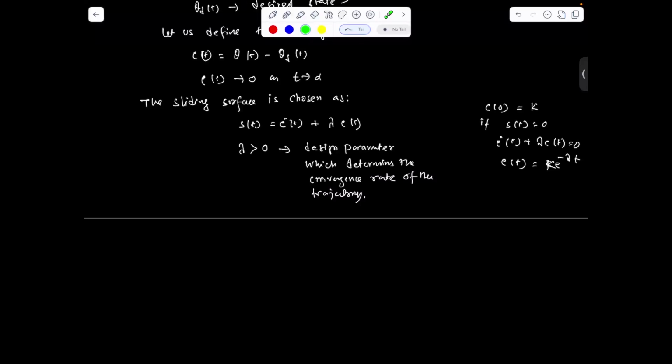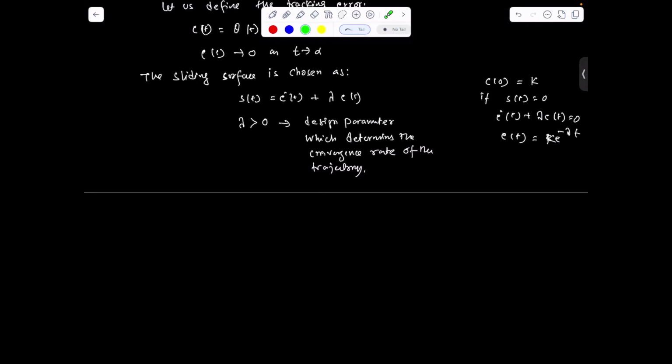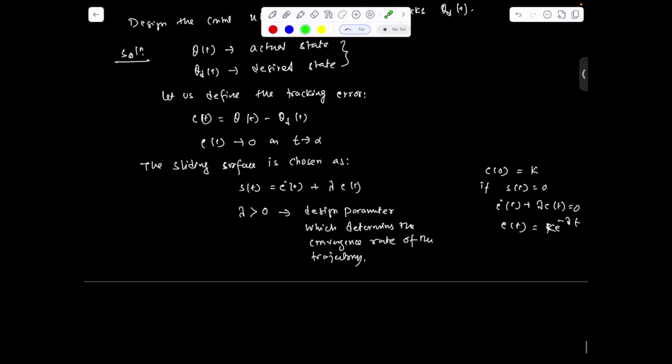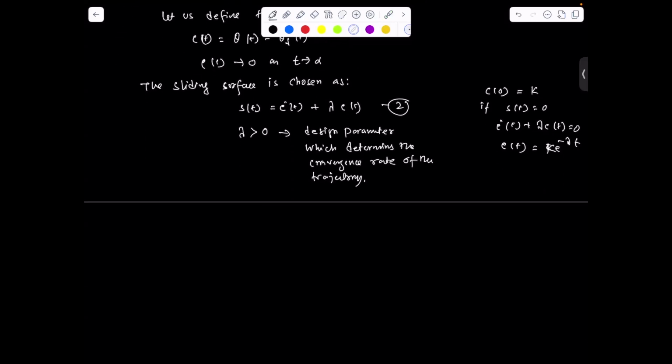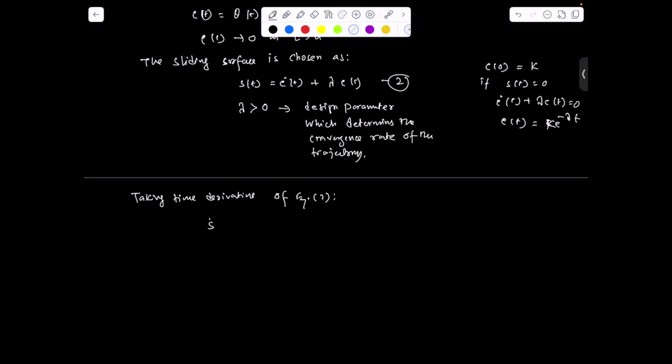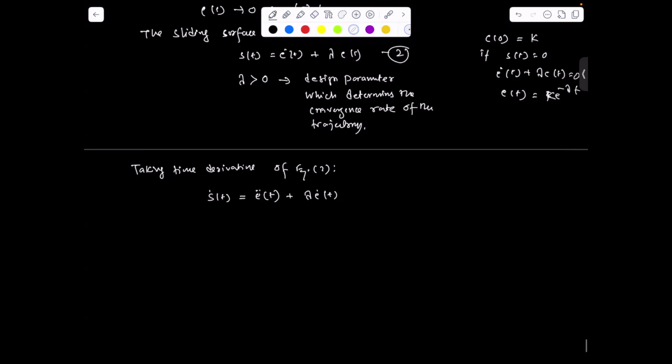So now we'll define the dynamics in terms of the sliding variable. Let us define this as equation number 2. Taking the time derivative of equation 2, we can write S dot t equal to e double dot t plus lambda e dot t, right?